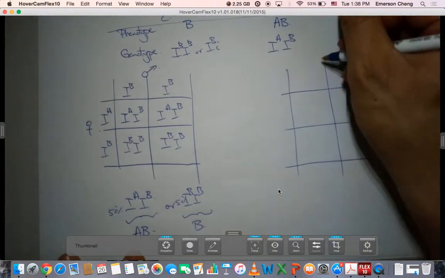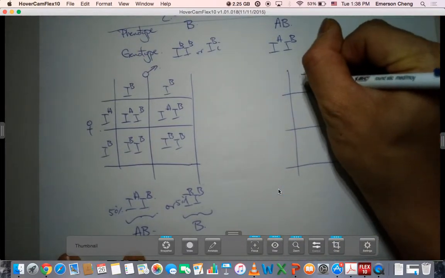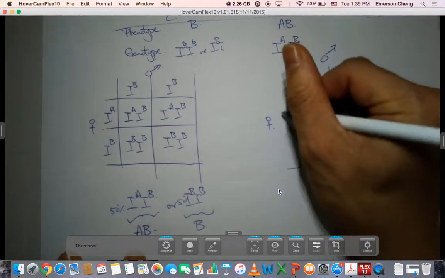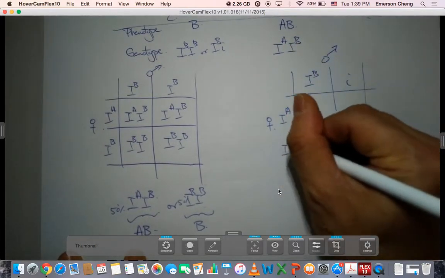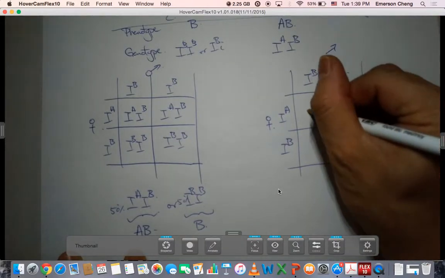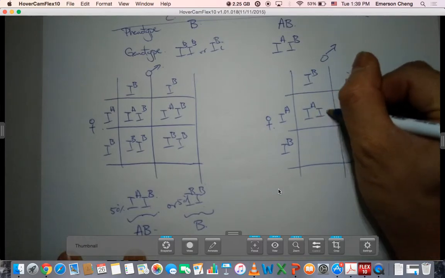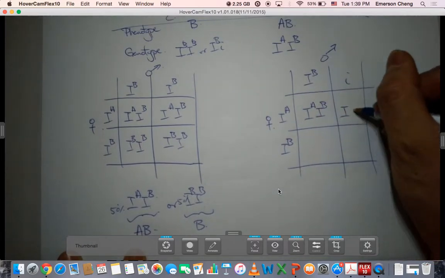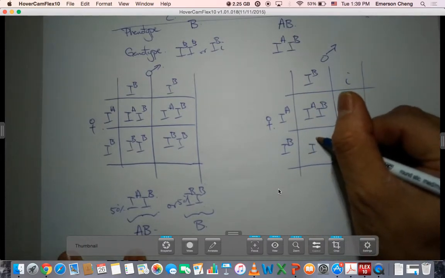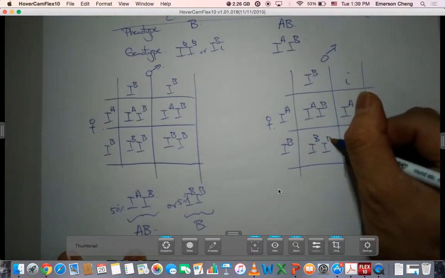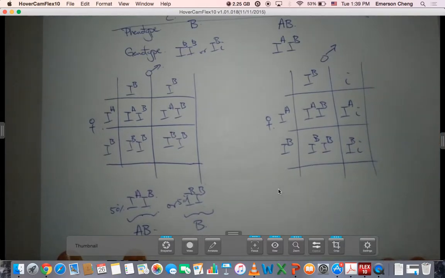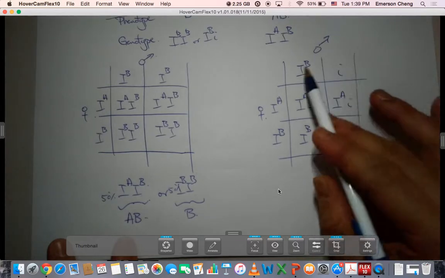Now if the dad is IB, small i, and the mom on the side is IA, IB, you have a little bit of variety, a little bit of difference. I'm just going to fill out this Punnett square right now. You have more of a possibility from this scenario.